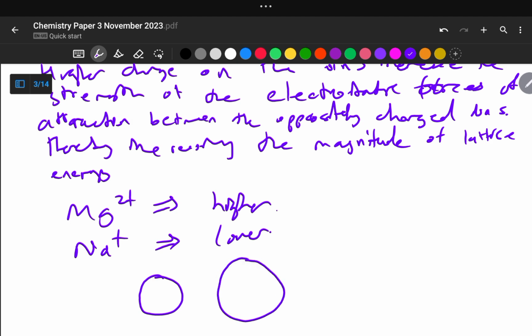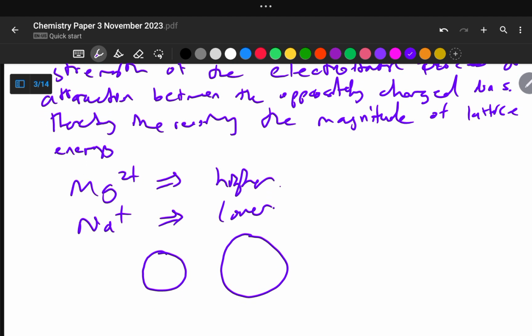So across the period, ionic radii decreases. So this one is for anions, and this one is for cations, right? Across the period we have this sodium ion, and then this magnesium ion.